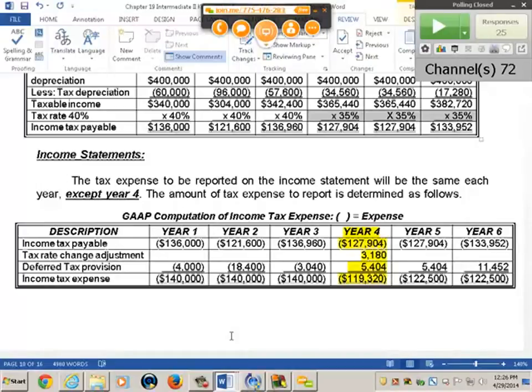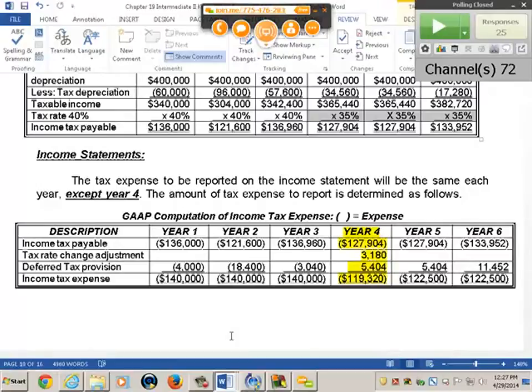In years 5 and 6, the effective tax rate is tax expense based on GAAP of 122.5 over GAAP income. Does everyone remember the GAAP income has to be constant at 350 in this example? Right? Because my assumption is that income stays constant at 400 and depreciation is always going to be 50 on the straight line.